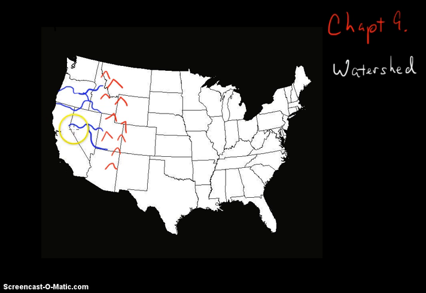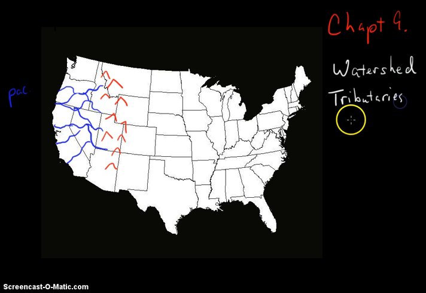Going back to my picture, we have all these rivers and streams making a system, and you can see that the rivers and streams connect, and they will eventually flow into the Pacific. All of these streams or rivers that connect and flow into a larger body of water are called tributaries.